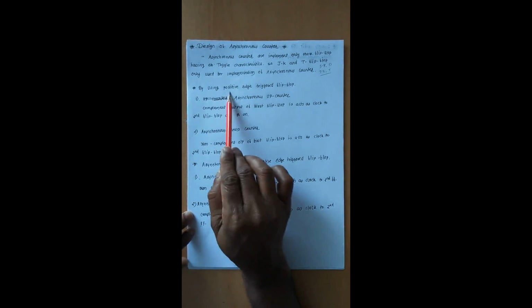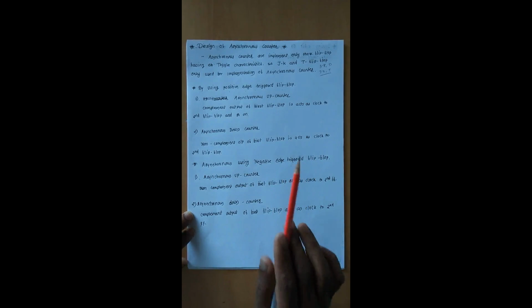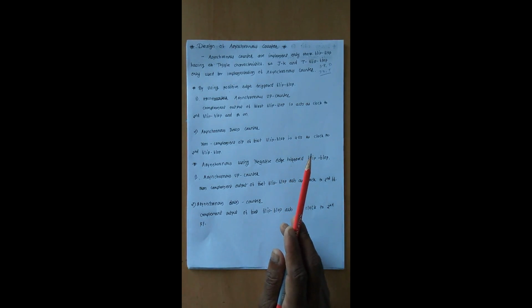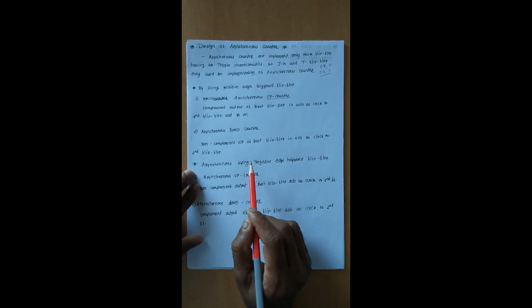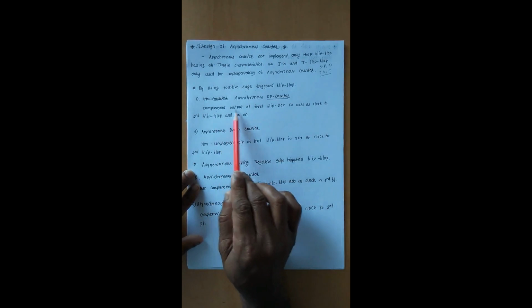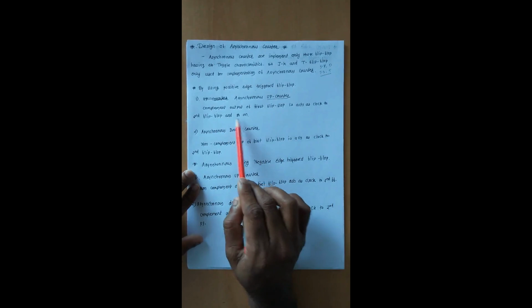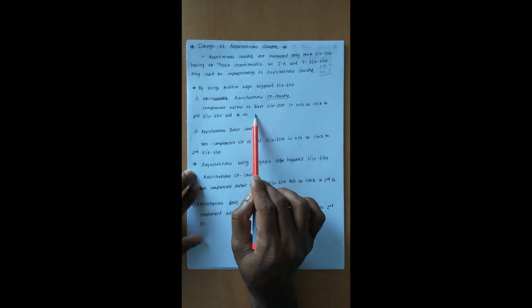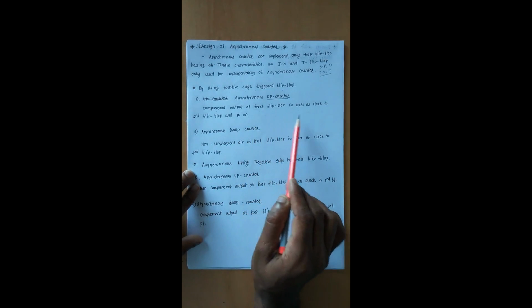These asynchronous counters can be implemented using positive edge triggered flip-flops or, another way, negative edge triggered flip-flops. But there are some points we have to study. First, if you want to implement an asynchronous up counter, the complement output of the first flip-flop acts as a clock to the second flip-flop, and the complement output of the second flip-flop acts as a clock to the third flip-flop, and so on.